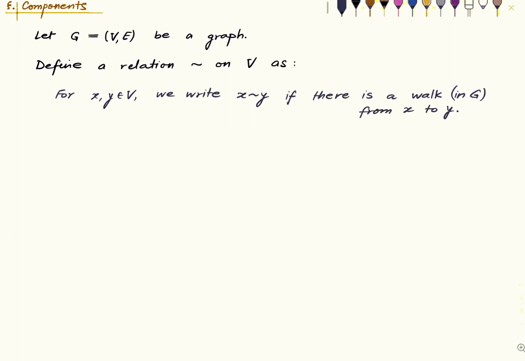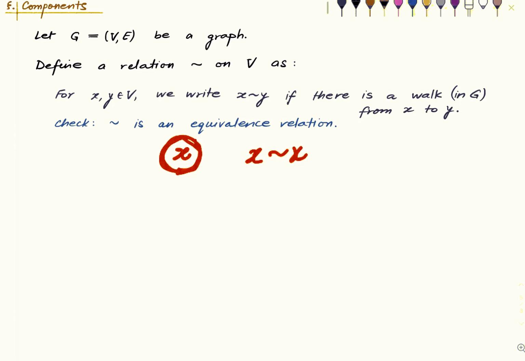That's it. So here is an exercise. Check that this is an equivalence relation. It is clearly reflexive because you can just consider this walk. Given any vertex, this walk of length 0 is a walk from X to X, so reflexivity is clear.